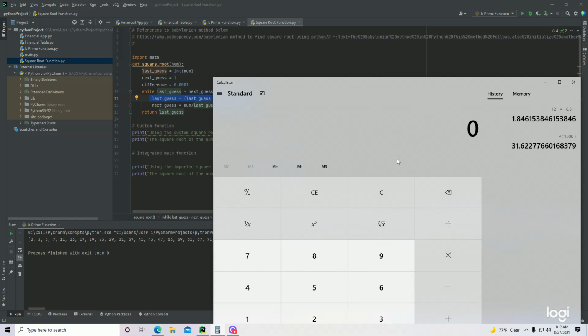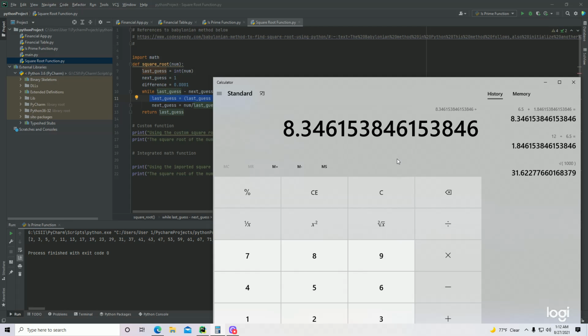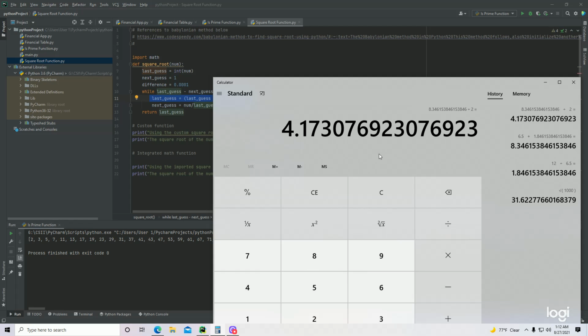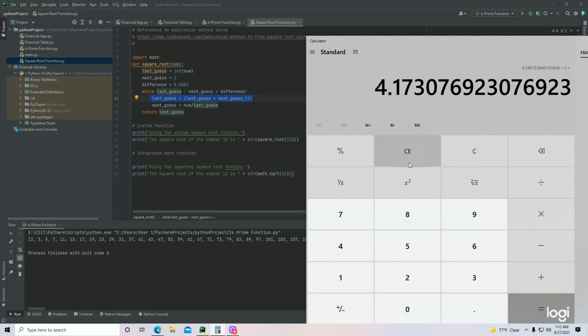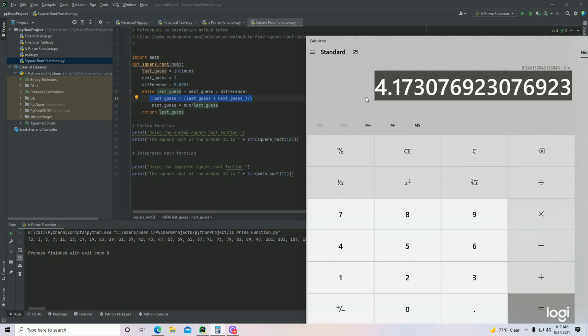So 6.5 plus our next guess, which is that, divided by 2, is our now new last guess. So I'll go ahead, it'll keep on repeating the same. So last guess is now this number, and next guess will be the number 12 divided by this number. So I'll go ahead and do that.